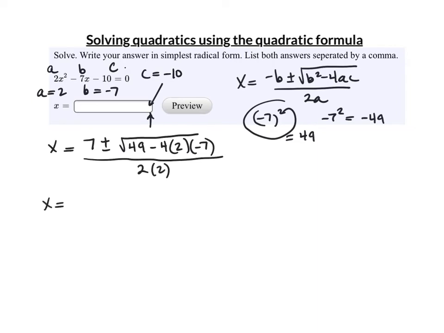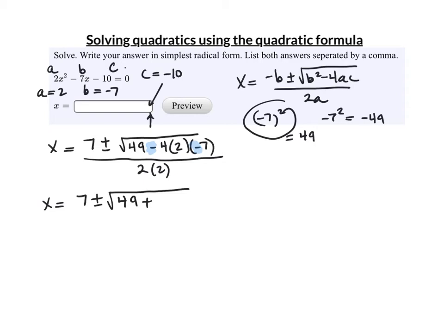So x equals 7 plus or minus the square root of 49. Now notice the negative right here and the negative right here. It's going to end up being 2 negatives make a positive. In other words, this sign is going to end up being plus.